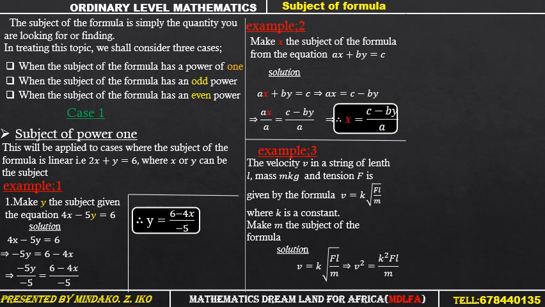We have v equal to k square root of FL divided by m. It implies that v squared equal to k squared FL divided by m. Now, where is the square coming from?